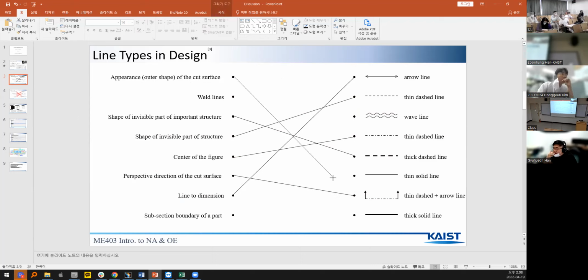Similarly, maybe the subsection boundary can be a thin solid line. Lastly, the shell lines could be the wave line, I think, using the other students' ideas.